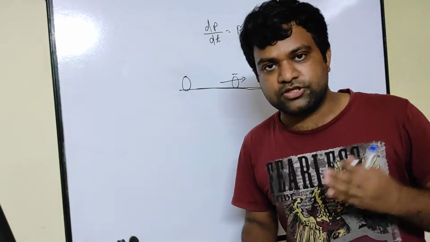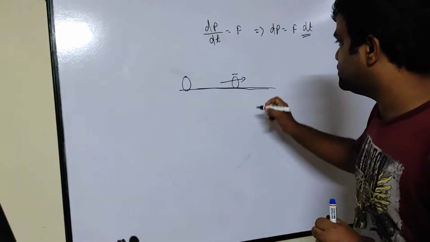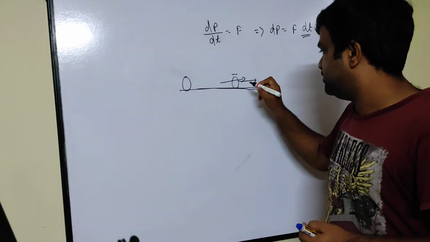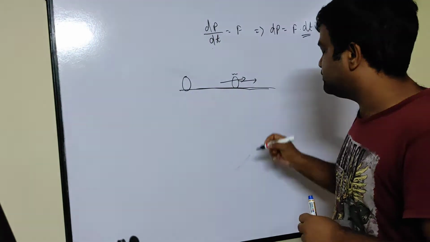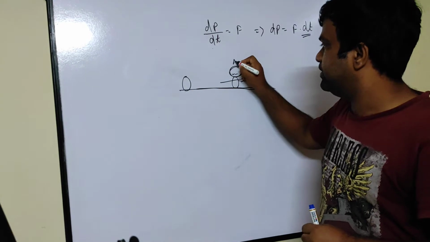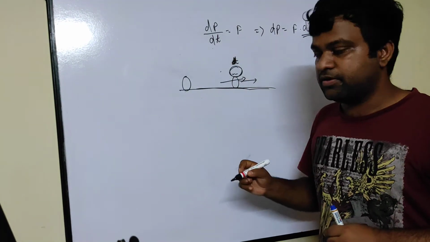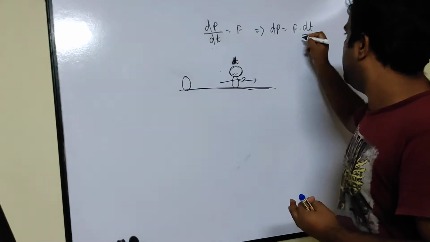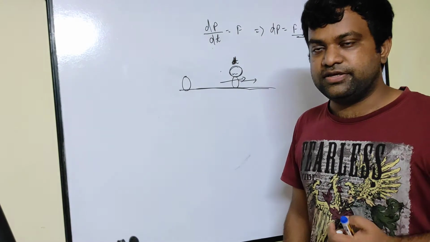For a very small fraction of a second, you kicked it, and the ball was already moving and the speed increases. This sudden force that you applied for a very small interval of time, let's say dt or delta t, is called your impulse force, and it is basically F into dt.